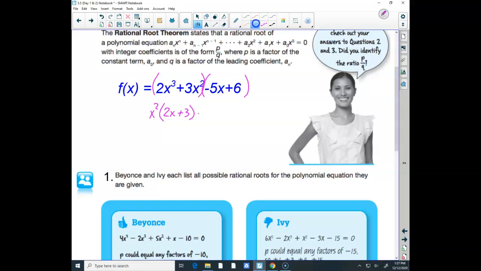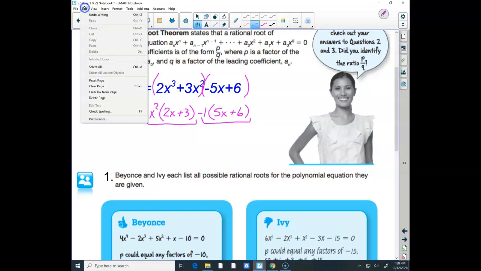There's nothing other than a negative 1 to take out of this second set. That gives me a 5x plus 6, okay? And if you checked it out, I can't go any further because I don't have any more common factors to come out. Well, that just doesn't mean we fold up and croak, okay? That just means we need another method of factoring here.